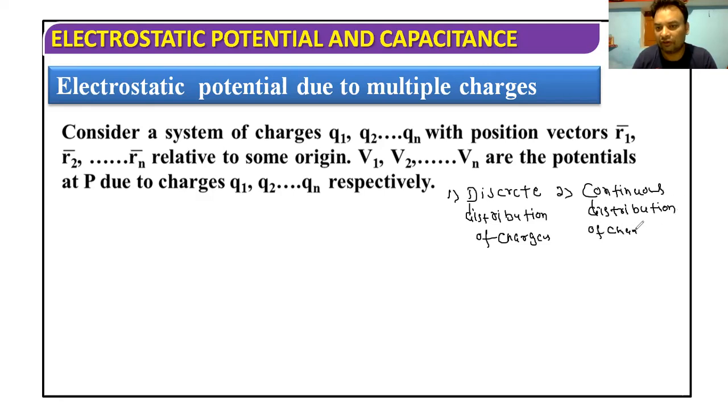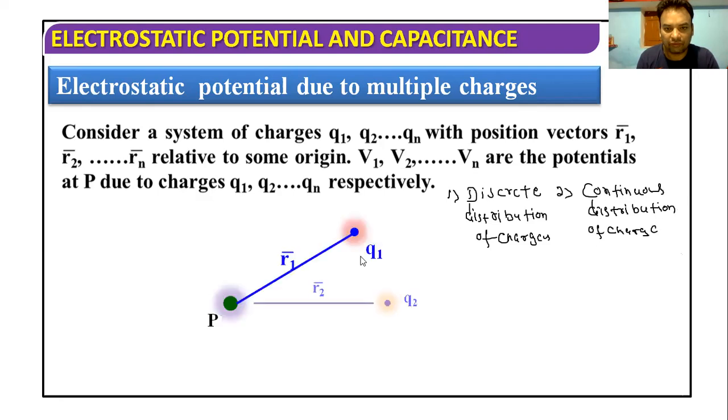So first I will take the discrete distribution of charges. Let me take a few charges distributed in this space. This is Q1 at a distance R1 from point P, Q2 at a distance R2 from point P. This point P is the point where we are going to find the overall potential due to all these charges.